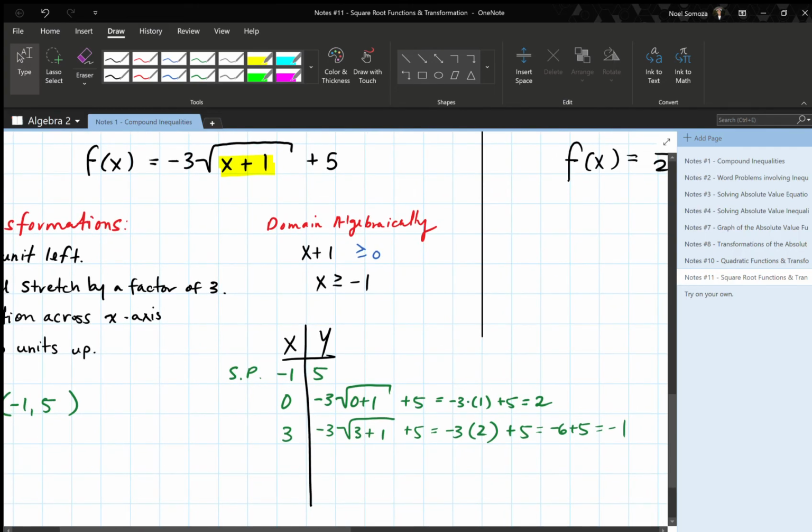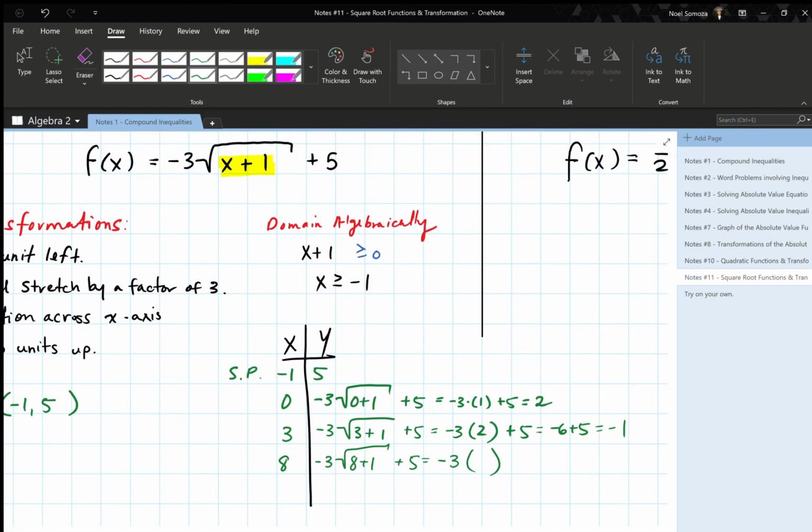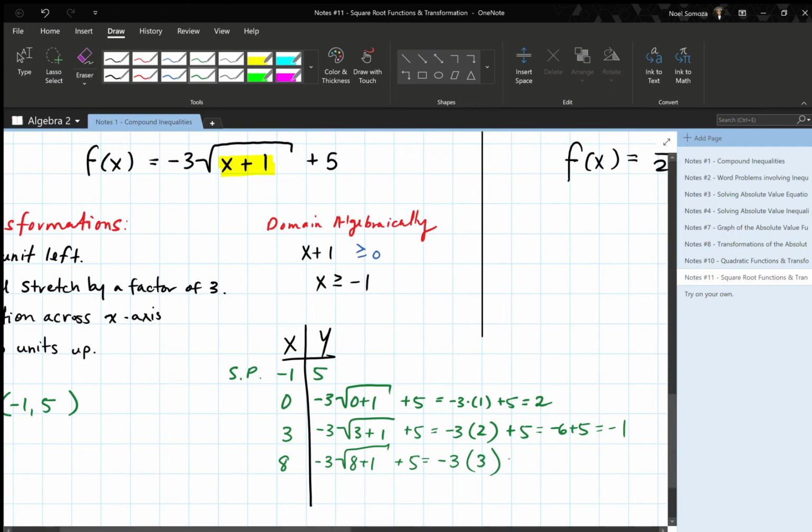Okay, let's use one more input. What would be another good one? Yeah, let's use 8. So that gives us negative 3 times the square root of 8 plus 1, which is the square root of 9. The square root of 9 is 3. So that's essentially the same as negative 3 times 3 plus 5.